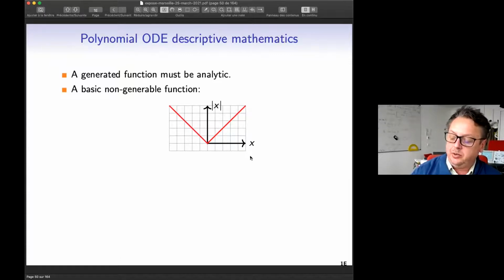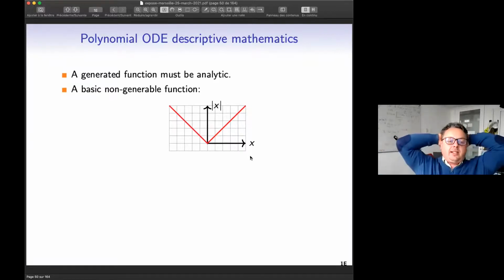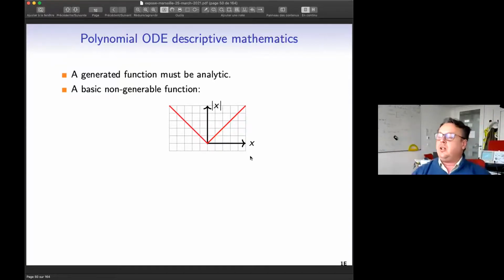So I told you that there were two examples, zeta and gamma, of functions that could not be generated. Actually, if you want something that is impossible to generate, it's quite easier to take a function which has no derivative somewhere. And of course, you will have trouble to generate the function, to draw it.